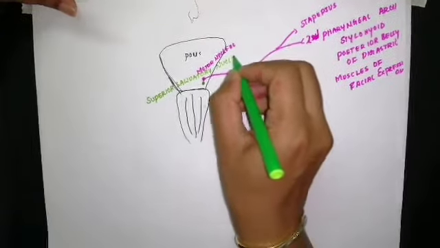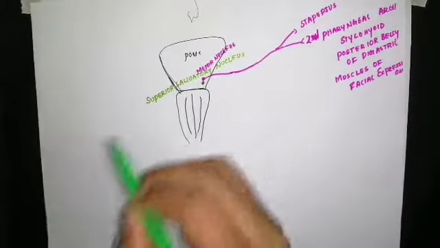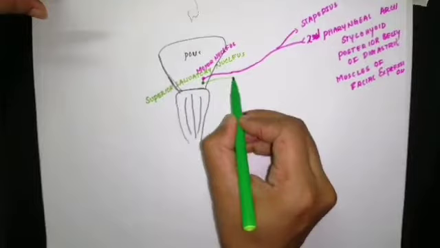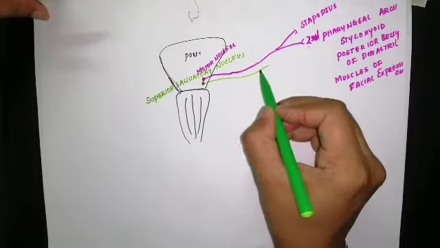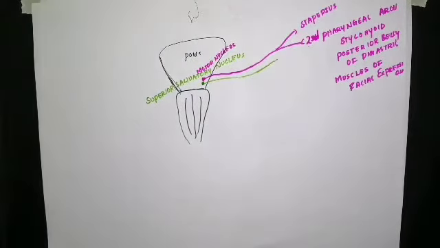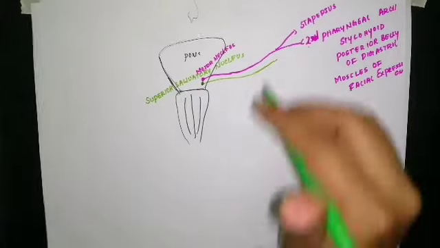From the superior salivatory nucleus, preganglionic parasympathetic fibers arise, and they supply two groups of glands.